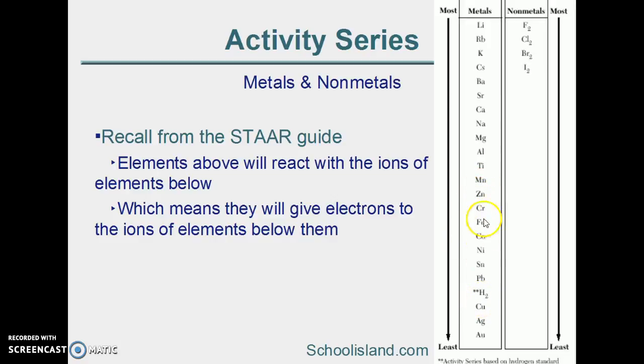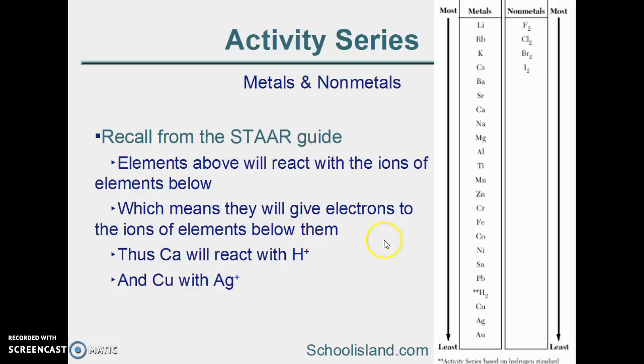So zinc would react with hydrogen ions to make hydrogen gas and zinc ions. Calcium will react with hydrogen ions in an acid, or even in hot water. Copper, which you can find on top here, will react with silver ions.